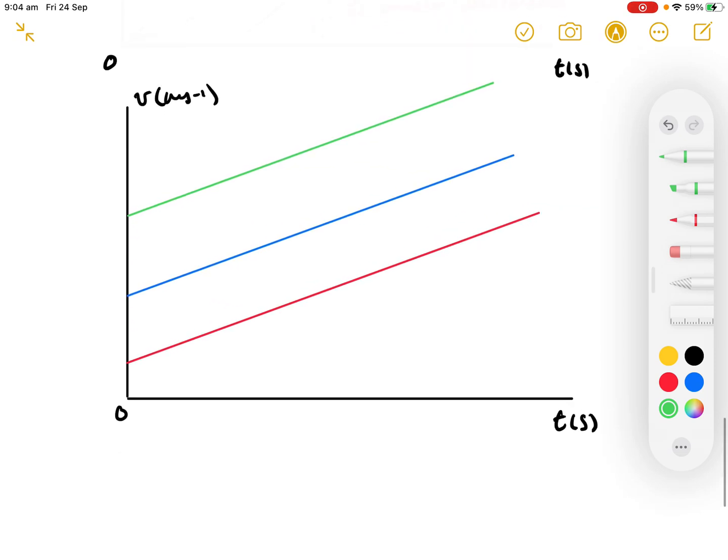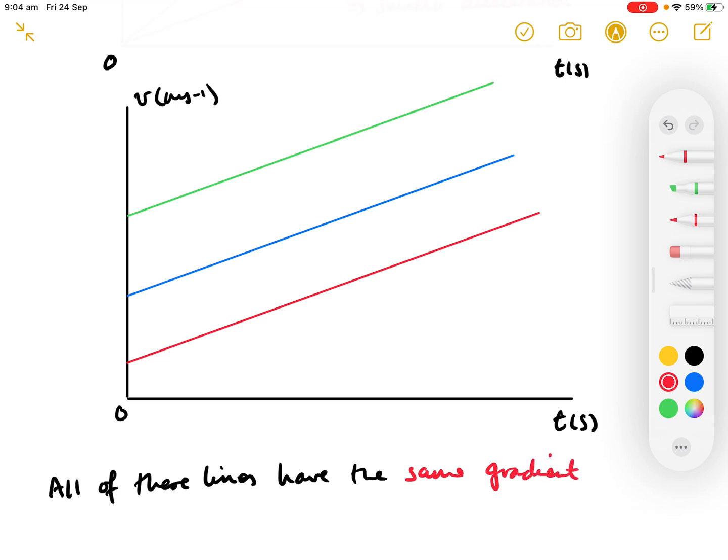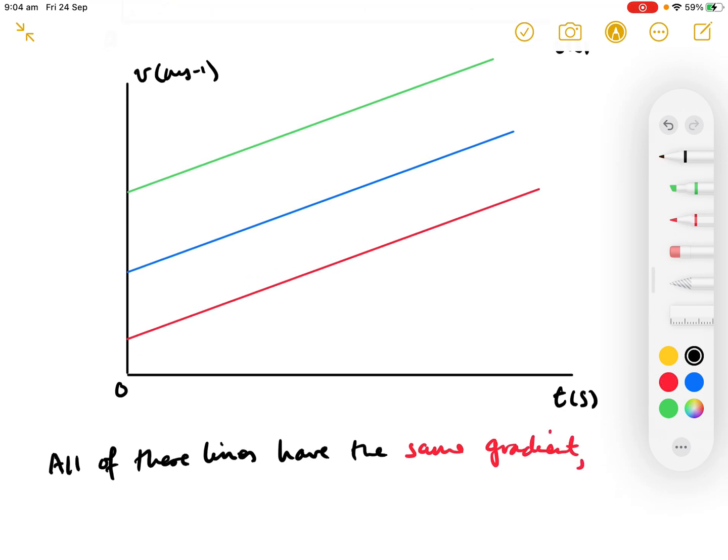But the one feature they all have in common, all of these lines have the same gradient, so represent the same acceleration.